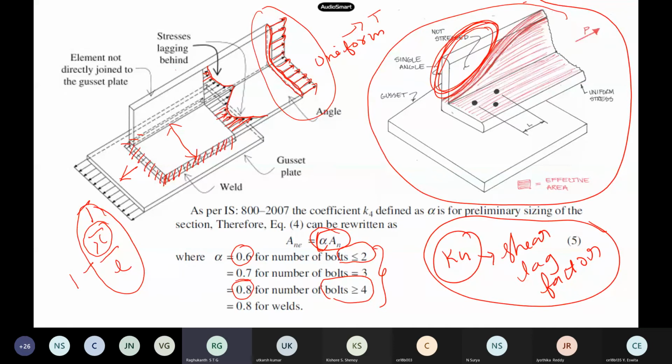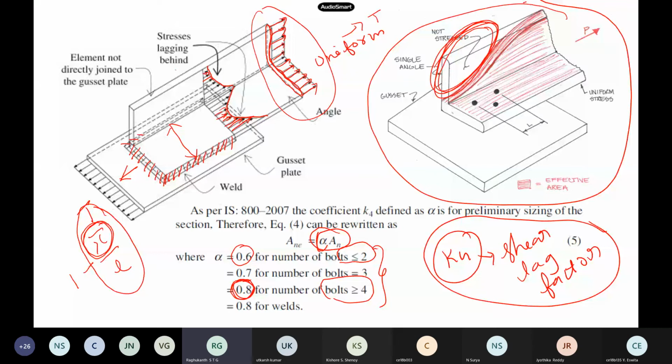That's why the number increases. So in our code, if the connection length is increasing, the shear lag factor alpha also increases. This is one extra thing you may have to do in the code.